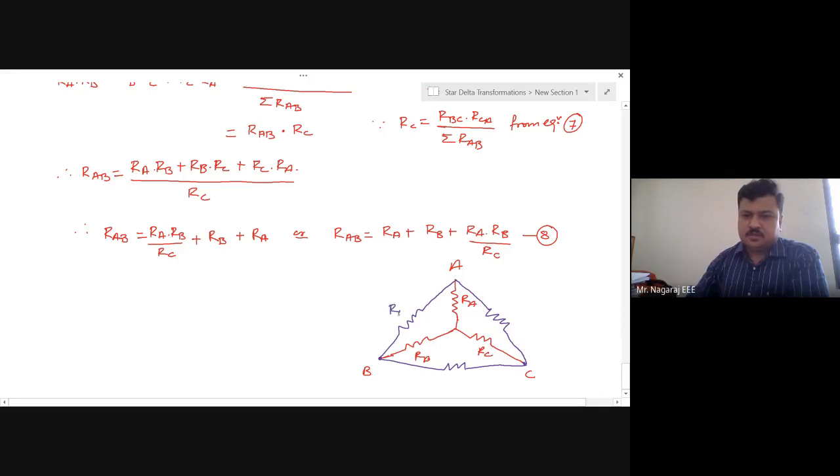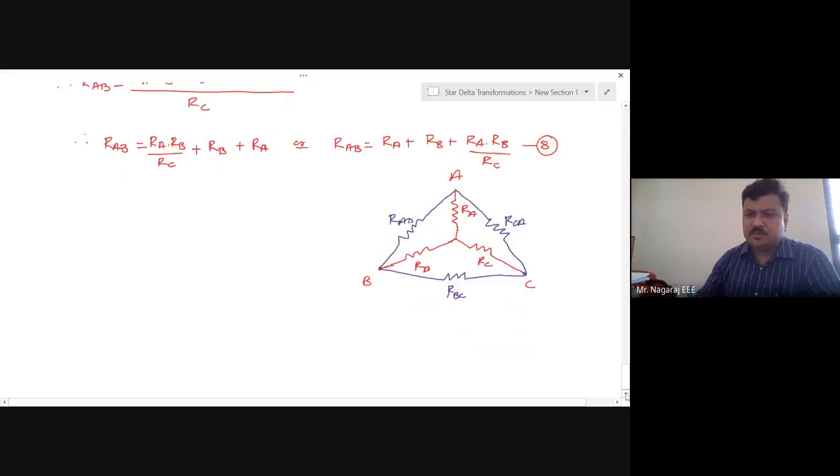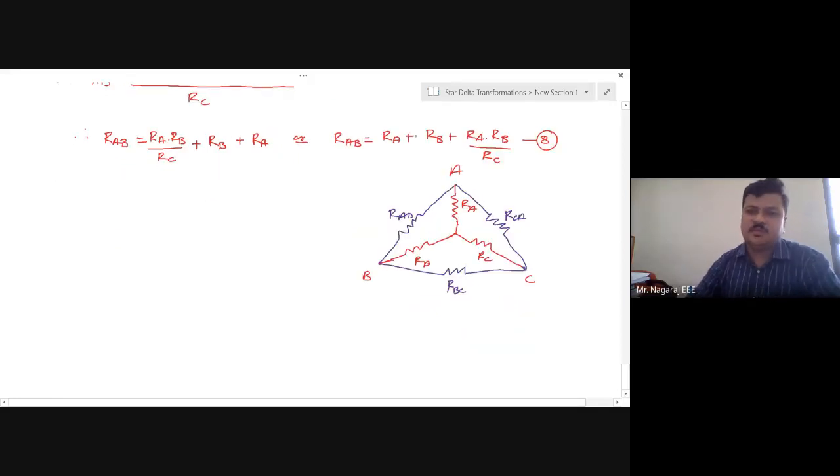Now this is RAB. Now I am coming from star to delta. In the earlier point, we came from delta to star. RBC and RCA. Now RAB, if you observe from this network, is nothing but RA plus RB plus RA into RB divided by RC.